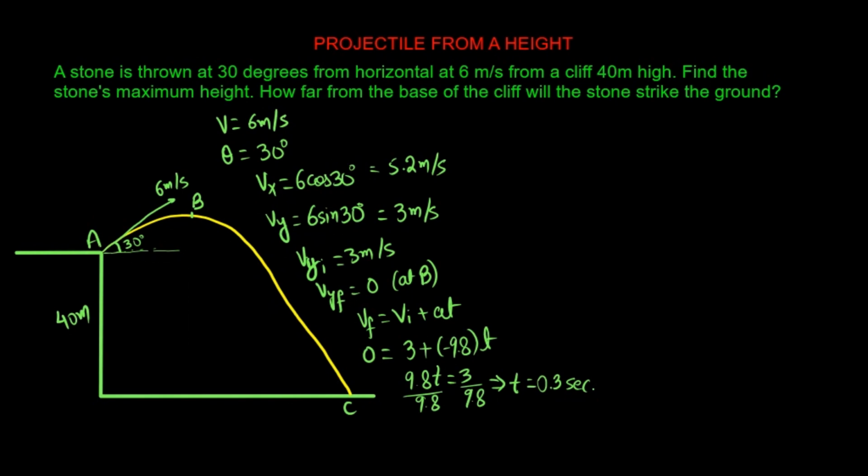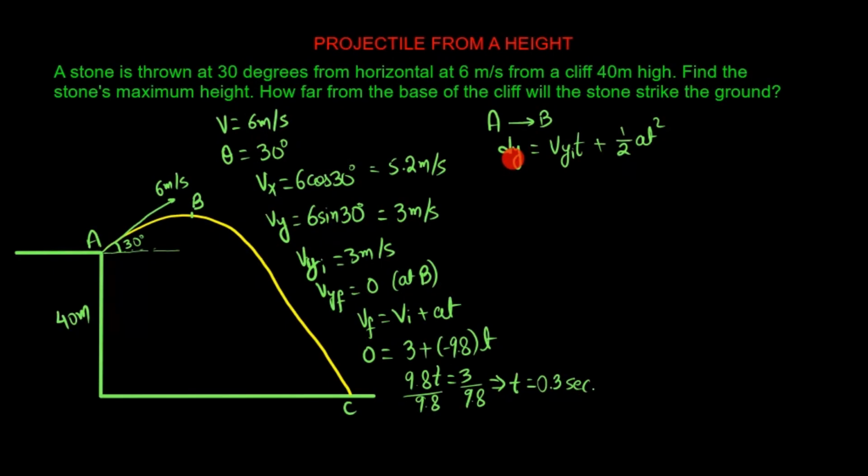Now let's find out what is the displacement of the stone in y direction in 0.3 seconds. From A to B, we know the equation d equals V initial t plus half AT square. We have V initial 3, t is 0.3, A is minus 9.8.